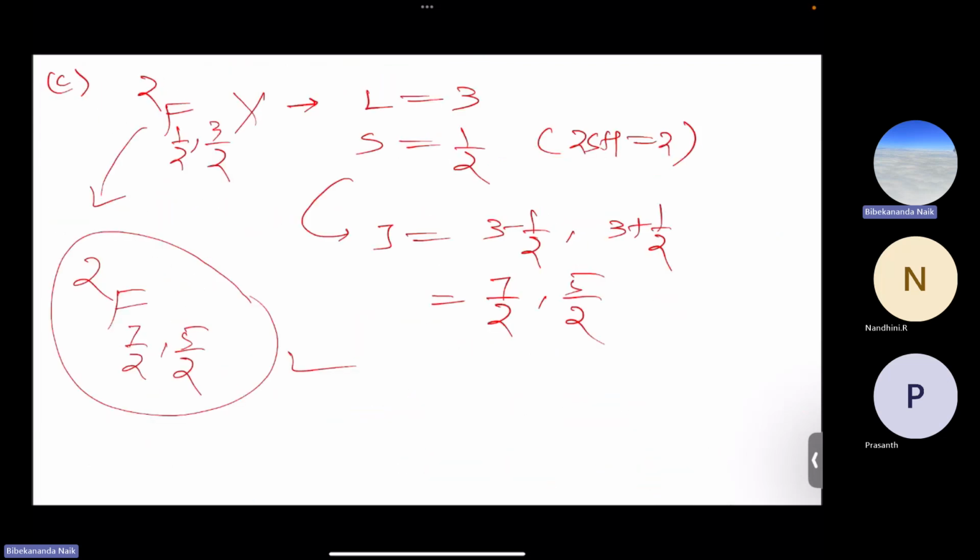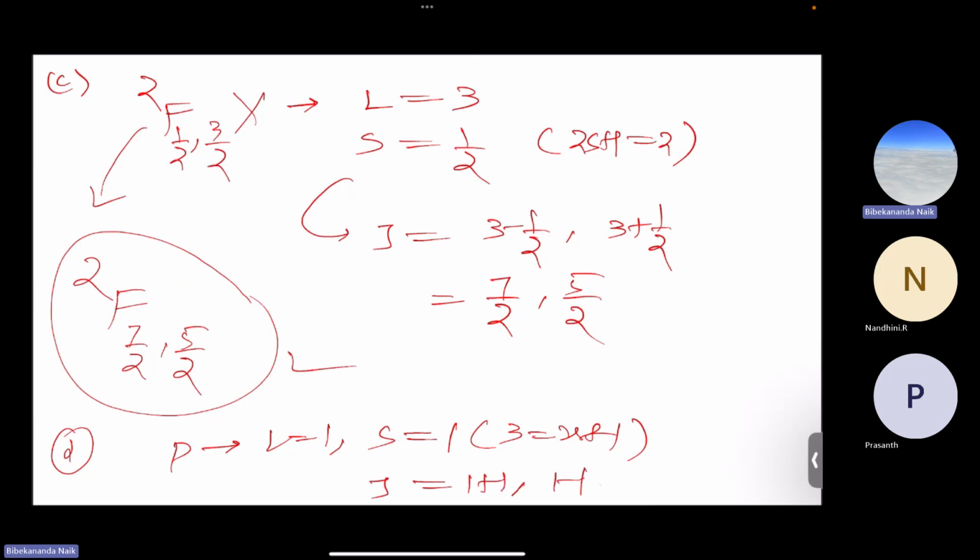Now let's talk about the fourth option. For P, L equals 1 and S equals 1 because multiplicity is 3. So J will be 1 plus 1 to 1 minus 1. Then it will be 2, 1, 0. There will be 3 values.